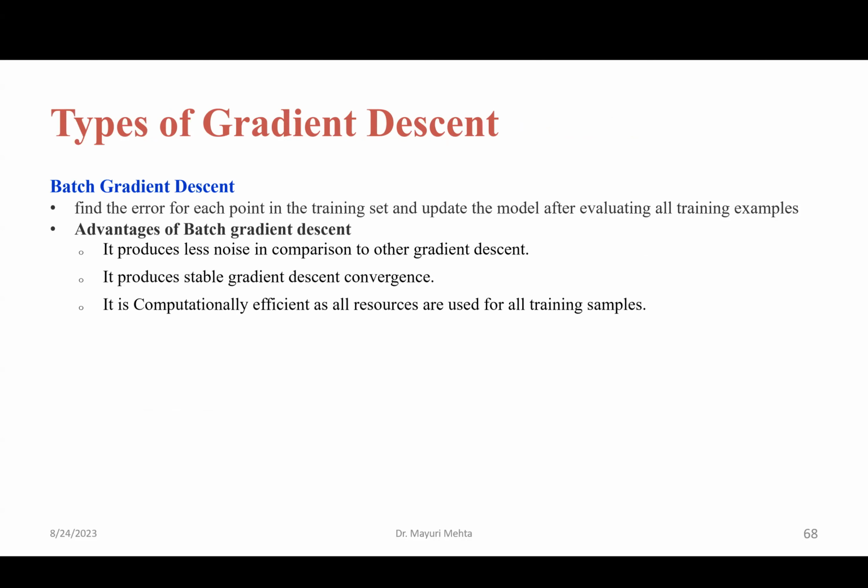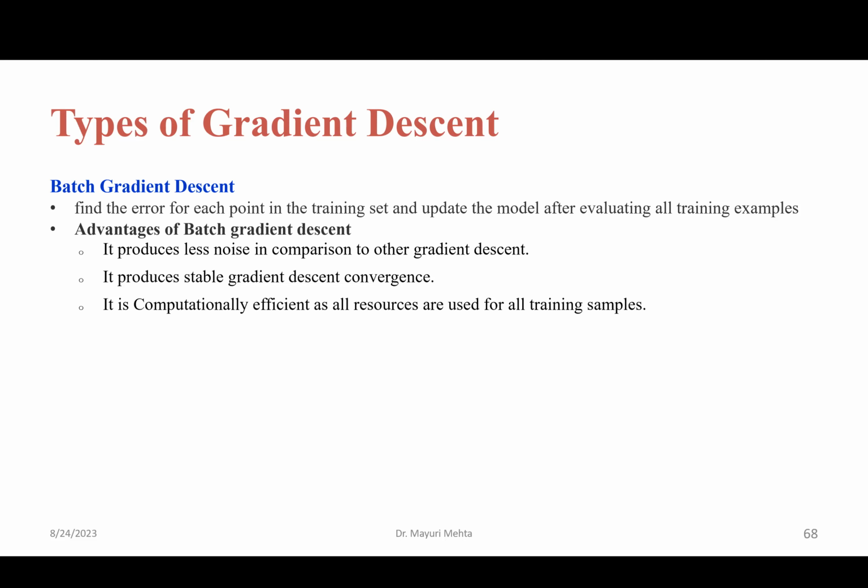I repeat, whatever number of data points there are in the data set, the error is calculated for them, and then the model is updated after evaluating all these training examples. This procedure is known as the training epoch. That is, one epoch gets completed when you compute error, or train your model, for all the samples in your training data set.